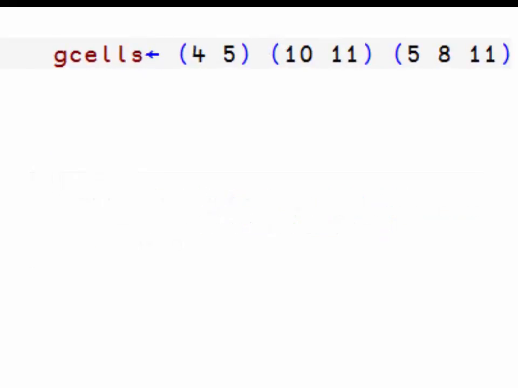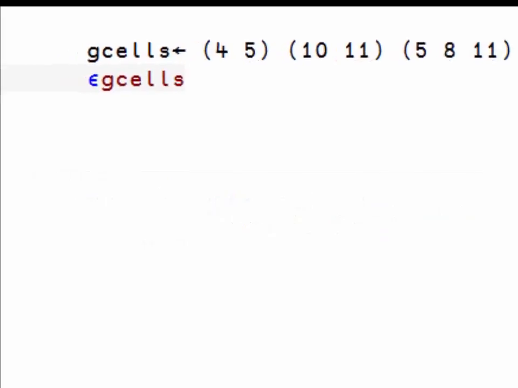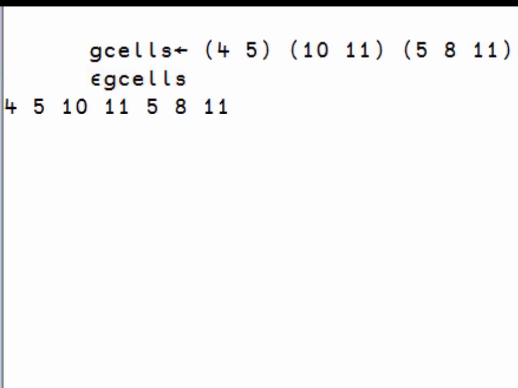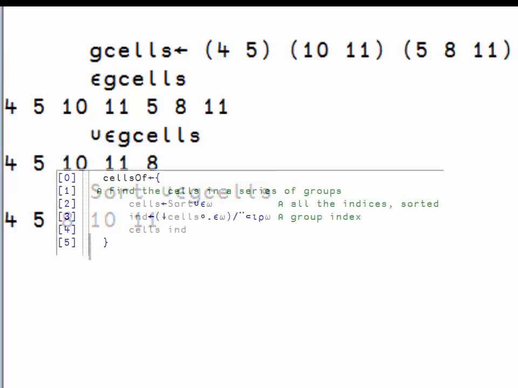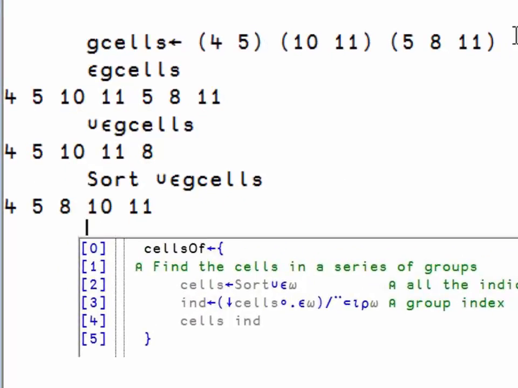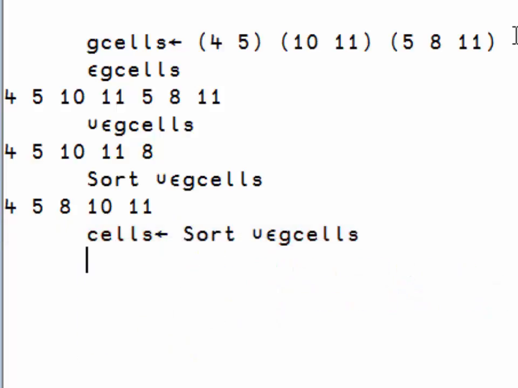Let's imagine that we have a number of cells here. If we look at all the cells together, this is what we have. If we take the unique ones, these are the ones, and sorting them returns that. This is what line number 2 does. Line number 3 will find where each cell is in each group, and for each one, find the index of each group, like this. Now we have the cells.